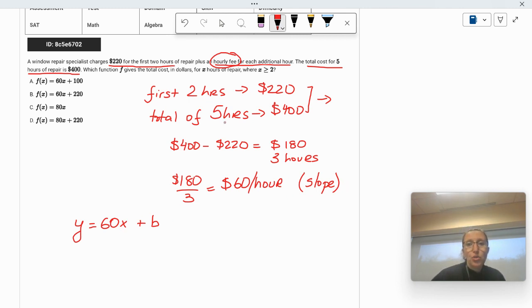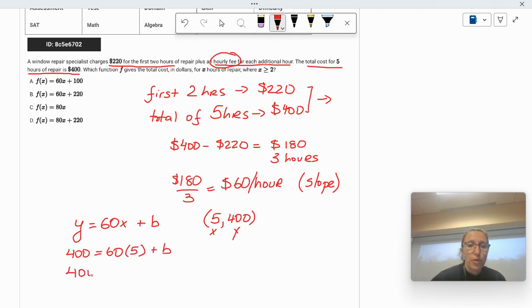I am going to use that point, 5 hours for $400. Again, remember that's the value of x, that's the value of y, to find my y-intercept. So I will have 400 would equal 60 times 5, plus the y-intercept.